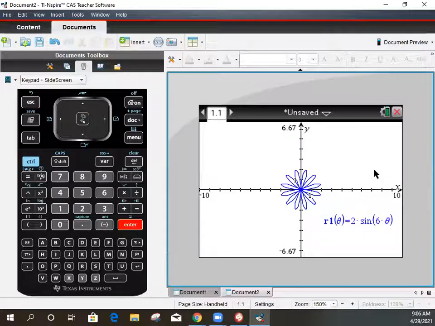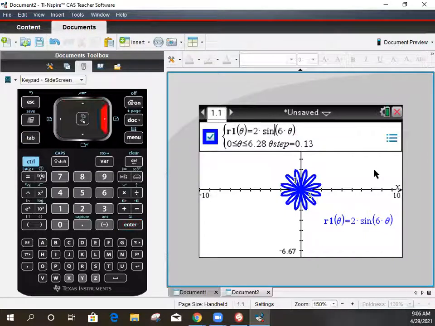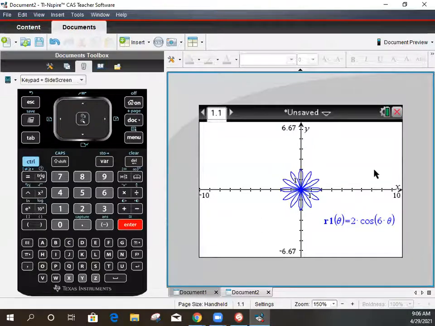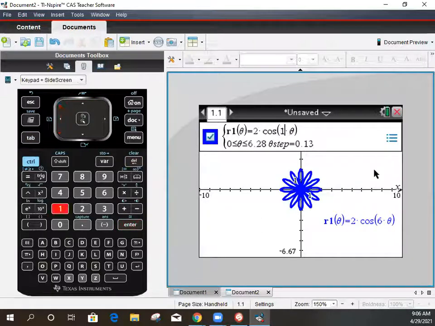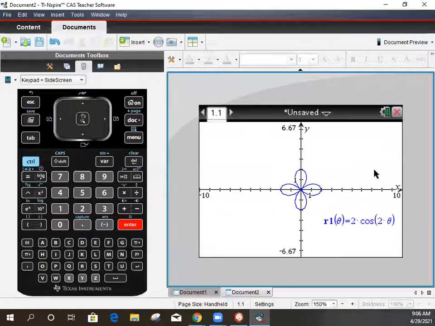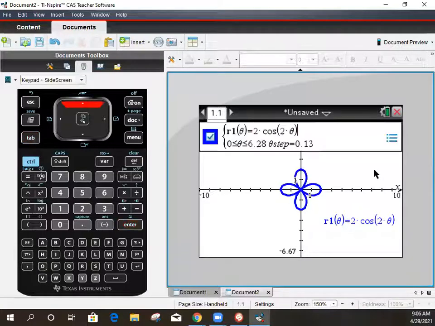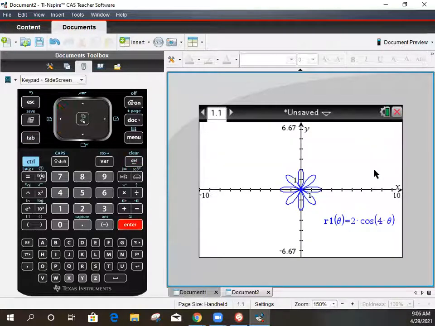All right. But for cosine, the rule with A still applies. So we'll go back to just 2. For cosine, when N is even, it's the same idea: N is 2, so there's double that amount of petals. When N is 4, 1, 2, 3, 4, 5, 6, 7, 8, 8 petals.